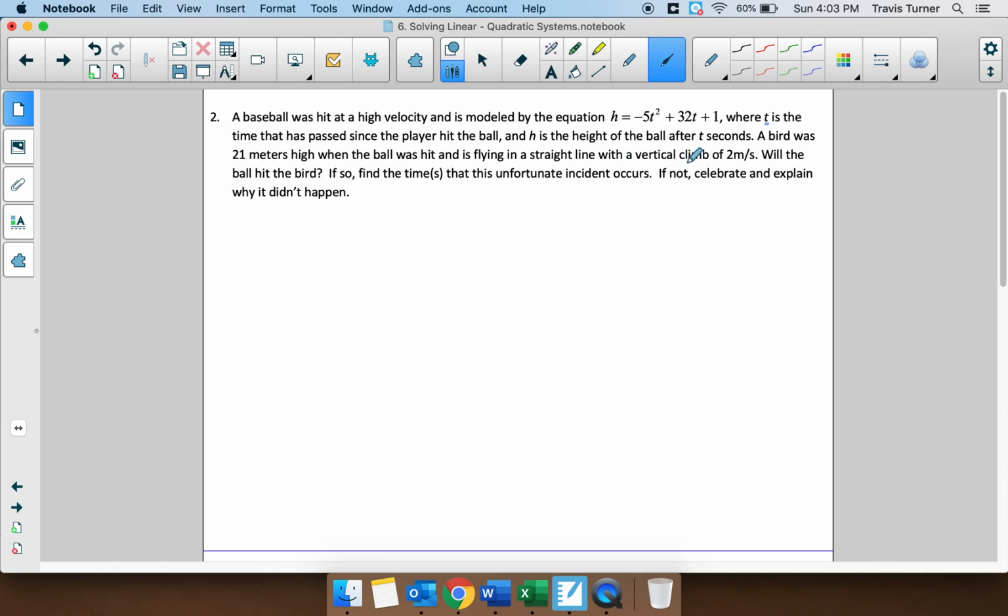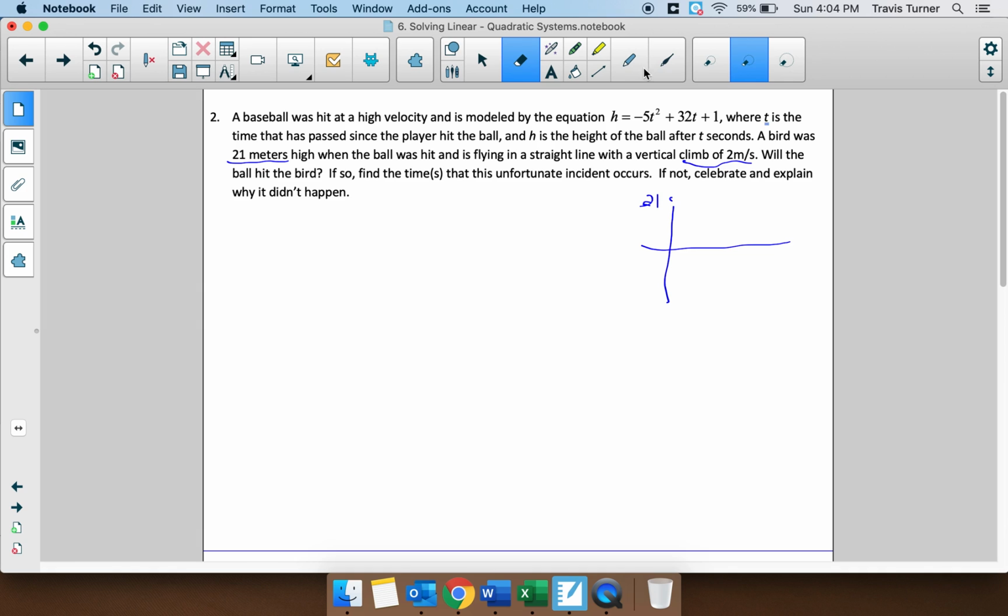So we've got this equation that we need to put together, where if you imagine it, you've got this bird starting up here at 21 meters, and it's climbing ever so slightly in a straight line. Sometimes it's hard to write on this.